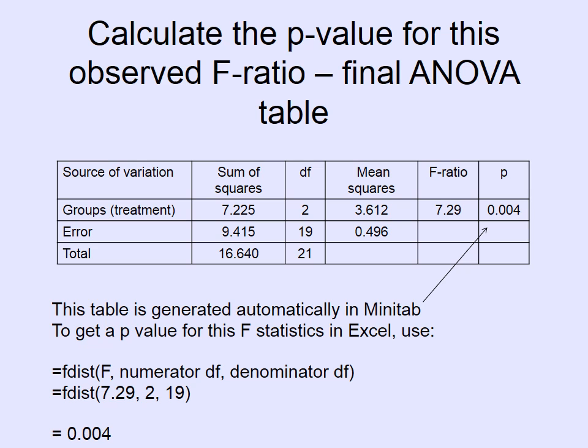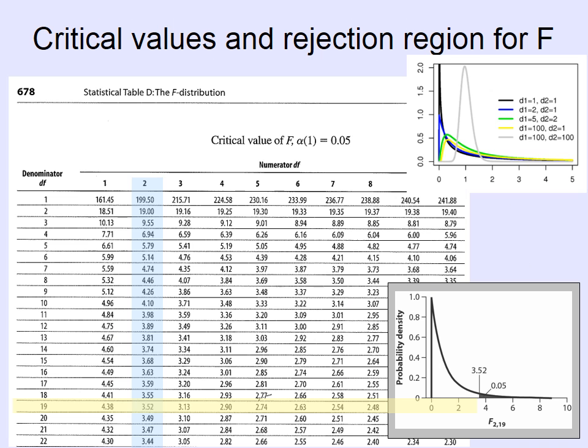Why does that matter? Because the shape of that distribution is dependent on the numerator degrees of freedom and the denominator degrees of freedom. So just like t, there's a bunch of t distributions, there's a bunch of F distributions based on those degrees of freedom.